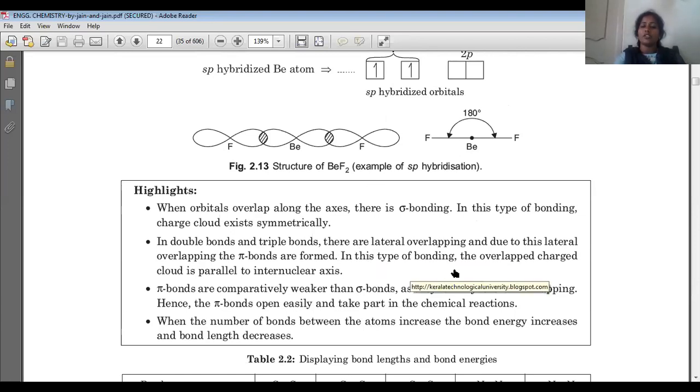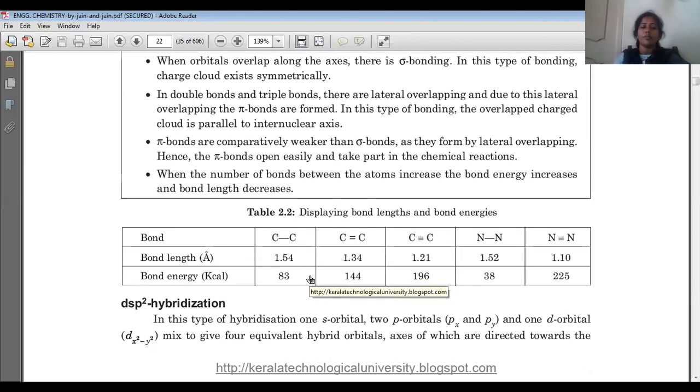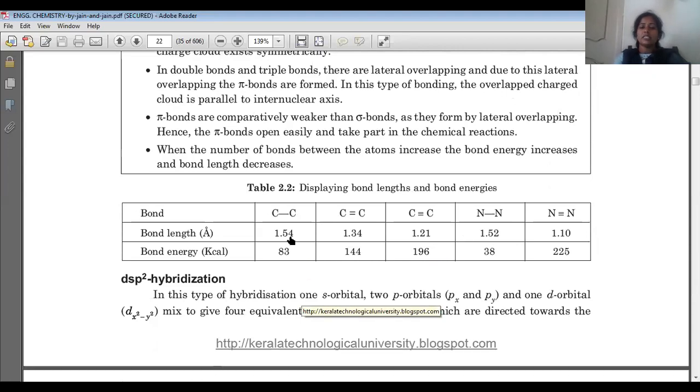Perpendicular bonding is also called lateral overlapping, and lateral overlapping always leads to a weak bond. A pi bond is weak compared to a sigma bond because the overlap is not direct; only lateral or partial overlapping is possible in pi bond formation. Now consider the bond lengths in sp3, sp2 and sp hybridized carbon atoms.